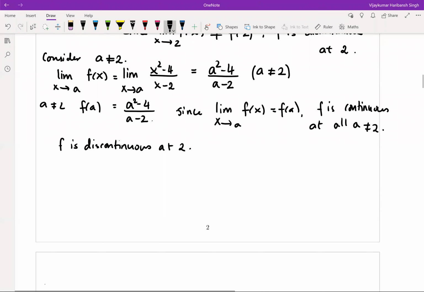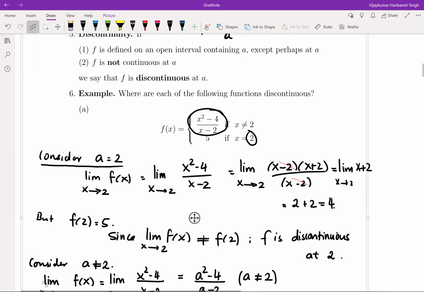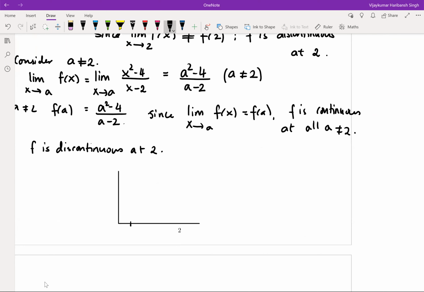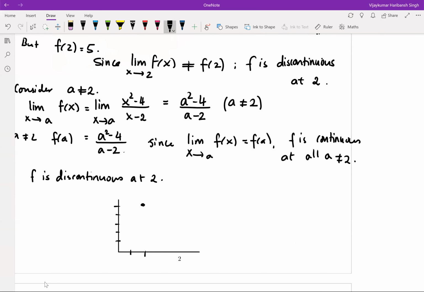Now, how does the graph of this function look? Let's attempt to draw the graph of this function so that we have some understanding. At x equals 2, the value is 5. Otherwise, if x is not 2, you can cancel the common factor and you will get x plus 2. So it's like a line x plus 2.